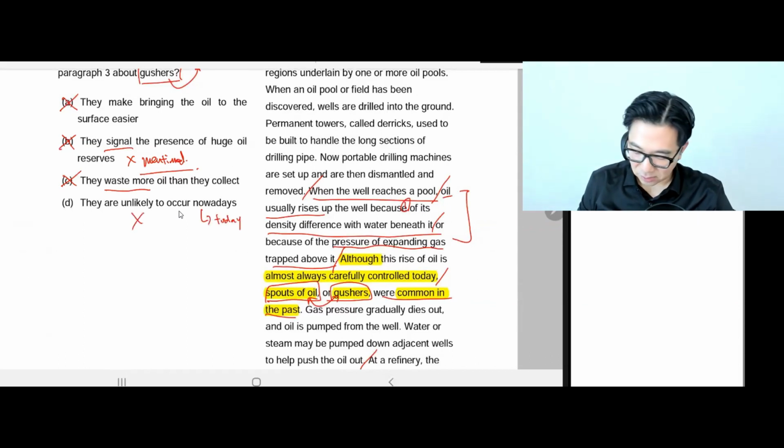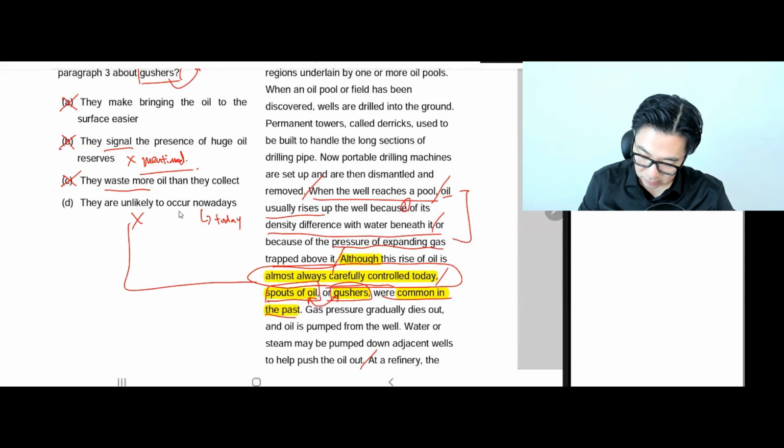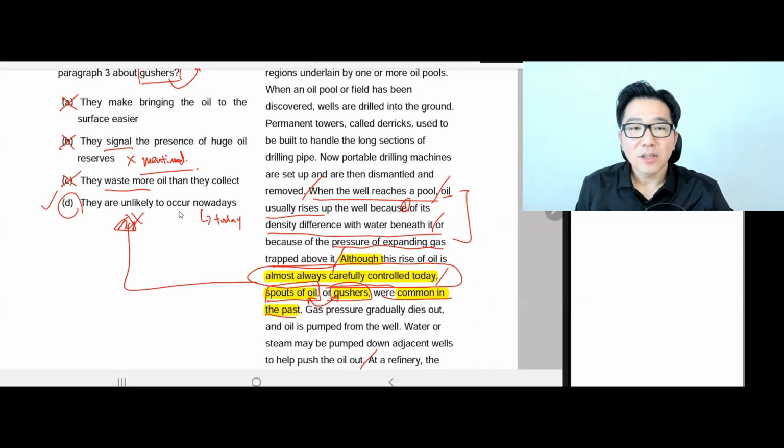Not likely to occur today. This is the evidence of D. It has to be the answer. So it's not a real subjective inference like in our real life. It's a test situation.